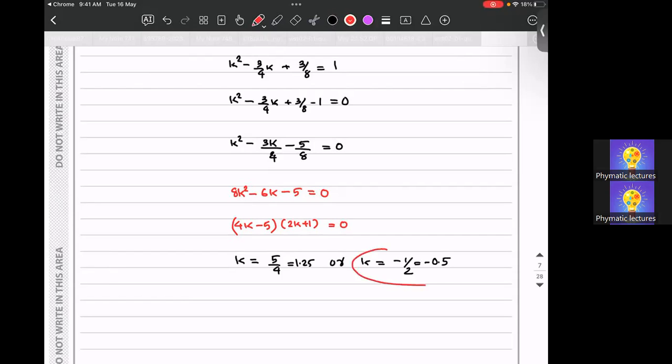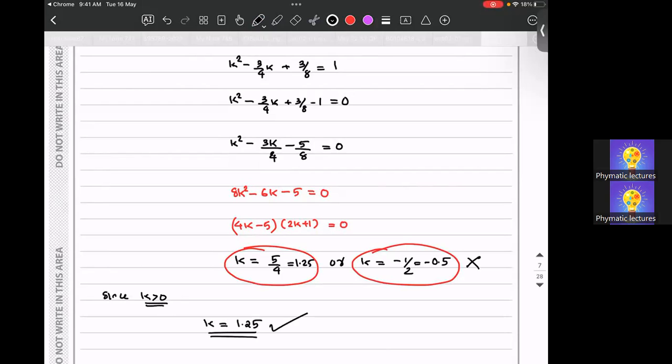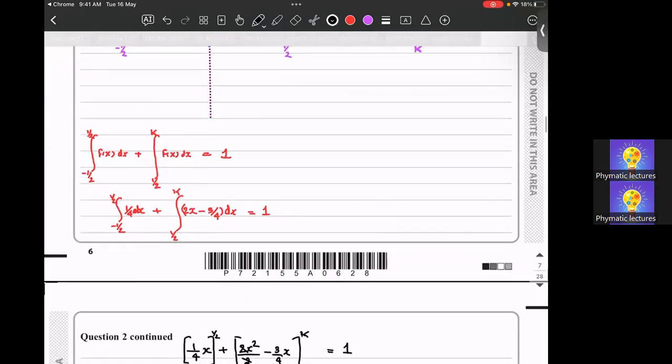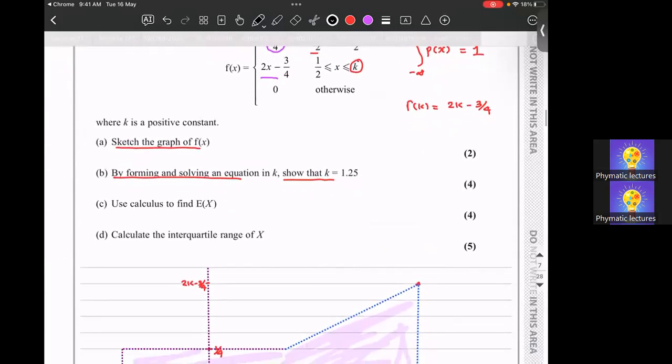But it is given in our question that k is a value greater than 0, so we can neglect negative 0.5. Hence, the k value is 1.25. So therefore, we will be accepting k as 1.25. Clear?